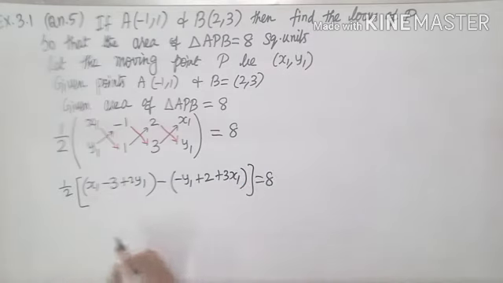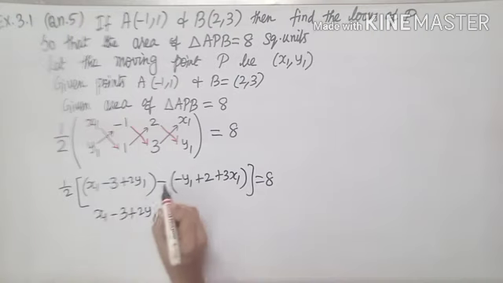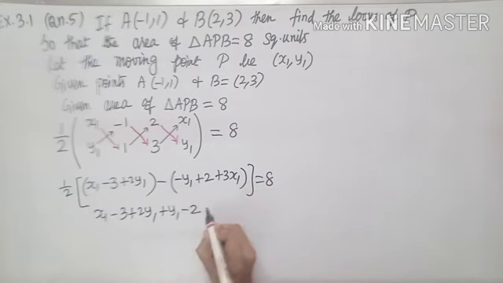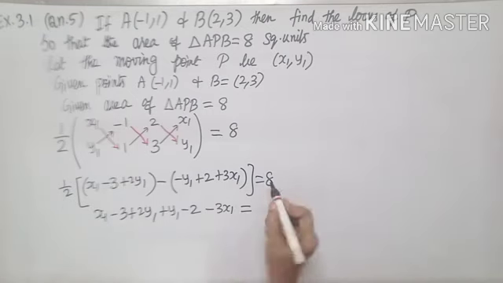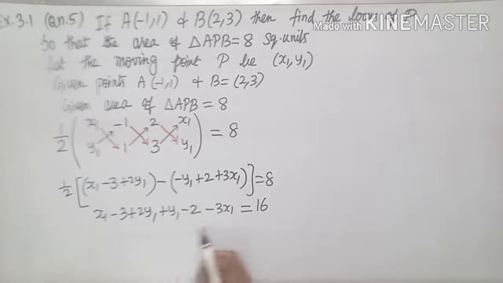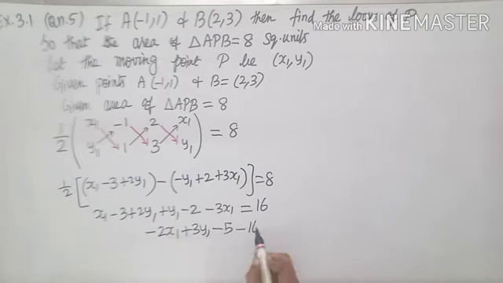Cross multiplying: x1 minus 3 plus 2y1, minus into minus plus y1 minus 2 minus 3x1 equals 2 eights are 16. Simplifying the answer: x1 minus 3x1 is minus 2x1, 2y1 plus y1 is 3y1, minus 5, 16 to the left side, minus 16 equal to 0.